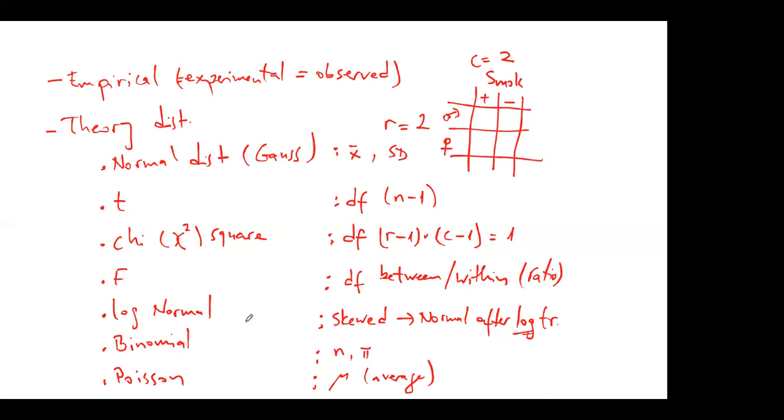If you have a log normal distribution, it is skewed to the right but becomes normal after log transformation. If you have a binomial distribution, you have two options, yes and no. And for counts of discrete values, such as the number of discharged people, we benefit from the Poisson distribution.